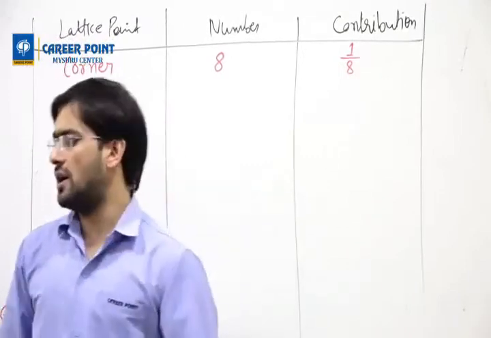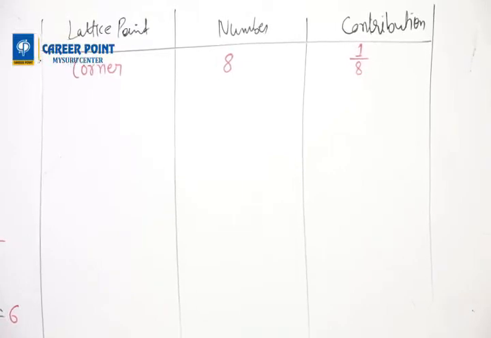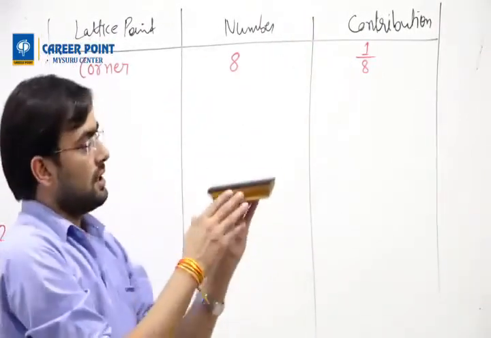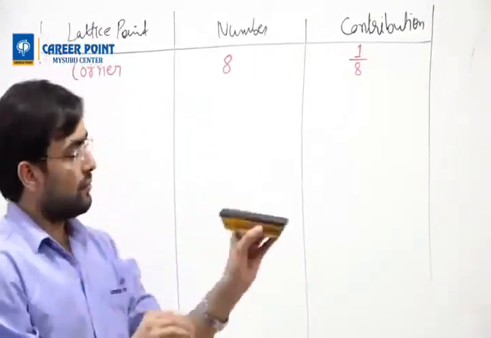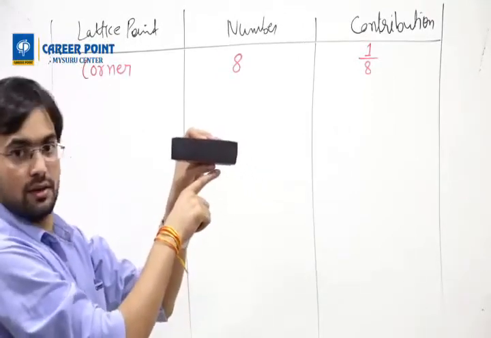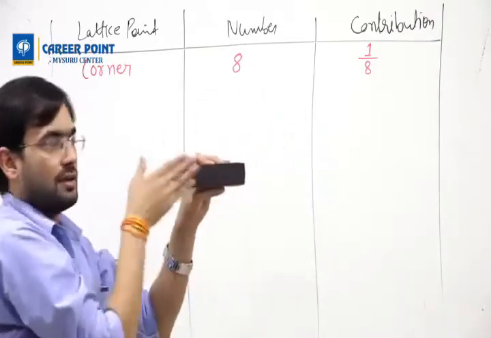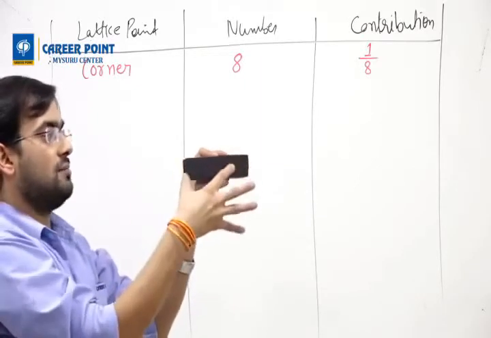Now what do we mean by contribution? To understand this contribution: this is one cube. With this cube, I can keep one more cube at the bottom here, a third here, a fourth here. So then I can have 4 cubes. Then 4 more cubes can come here.